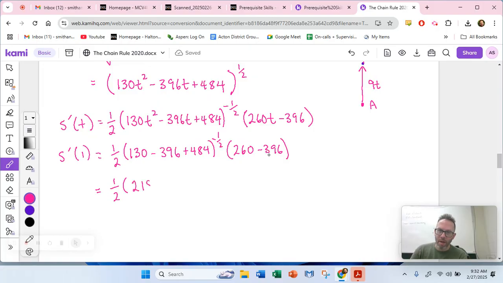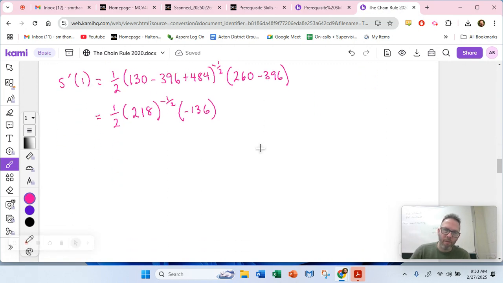That bracket is 218. I'm just going to keep it as minus 1/2. My calculator can handle that negative exponent. And what's that? Minus 136. All right, and then what's that equal to? Now it's just number crunching.